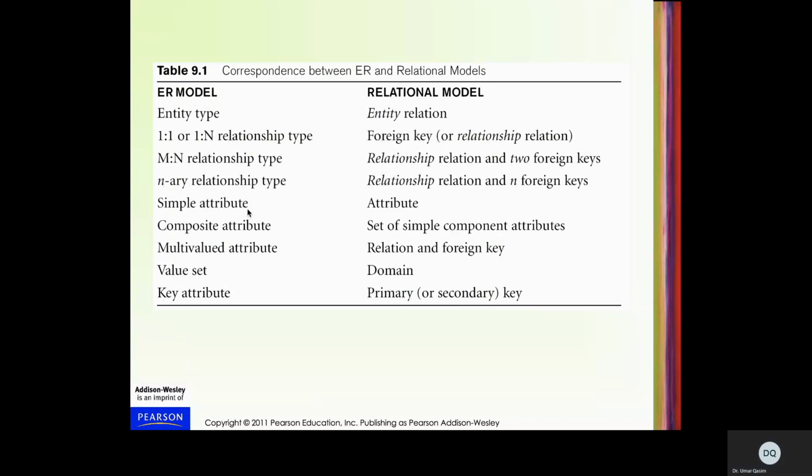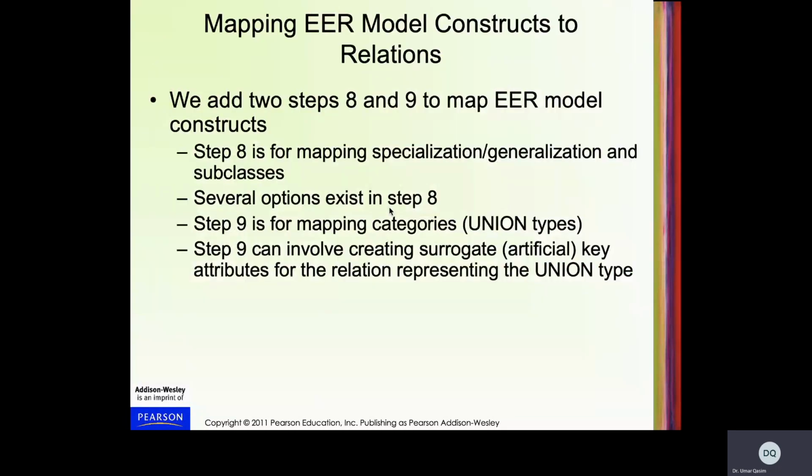Composite attributes become a set of simple component attributes. Multi-valued attributes are addressed by creating a new relation and a foreign key in that relation. Value set is our domain, and key attribute becomes primary key. So this is how mapping is done in relational model.